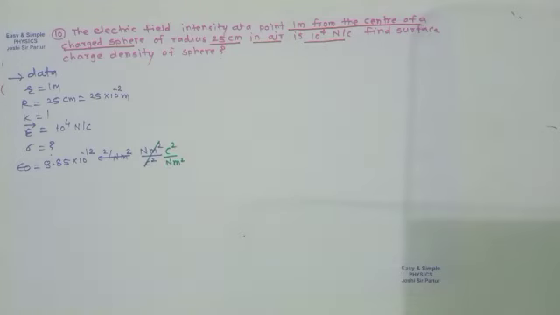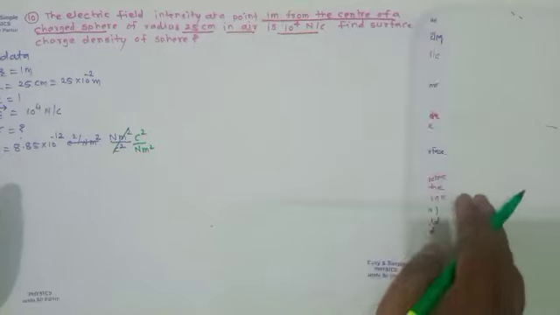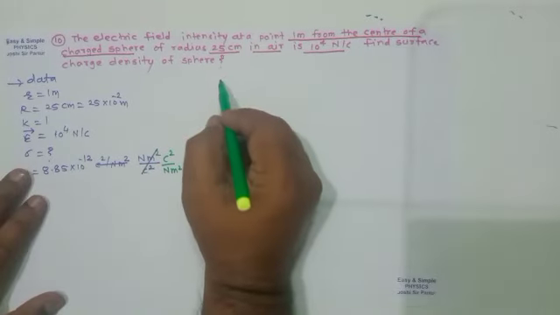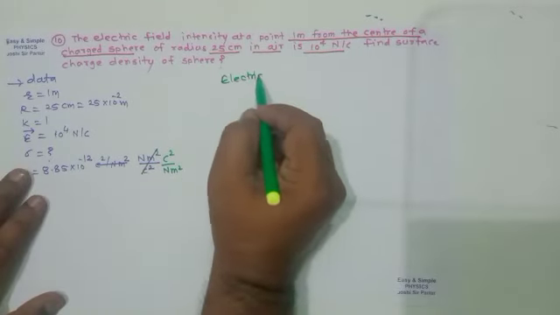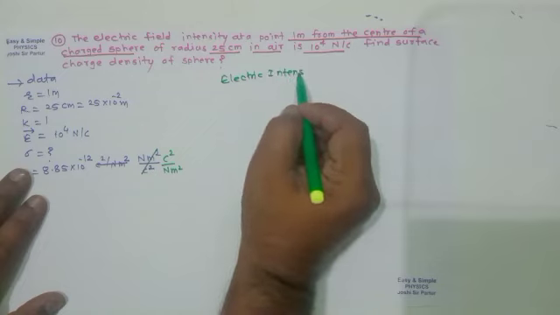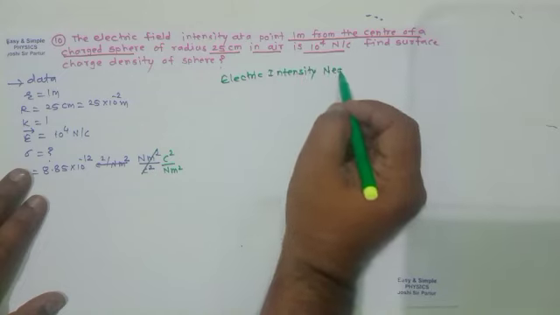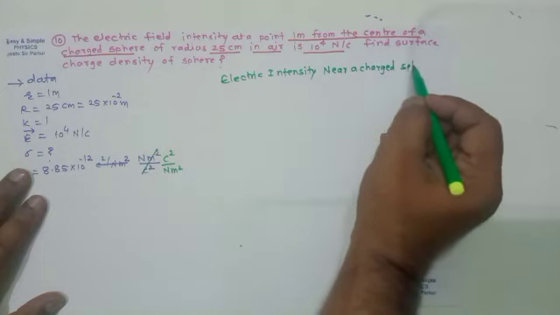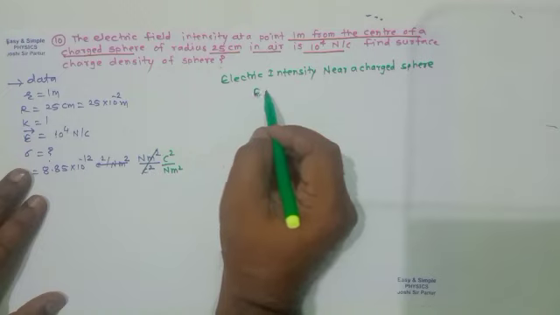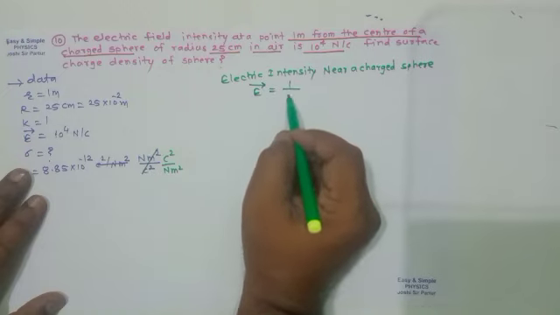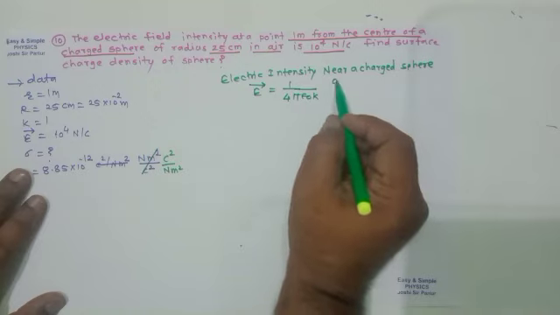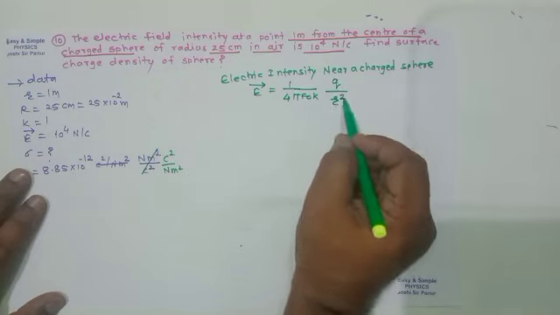So here we use a formula. That formula is the electric intensity near a charged sphere, vector E equals 1 upon 4 pi epsilon 0 K, Q upon R square.